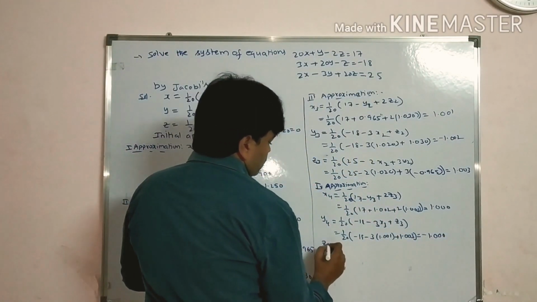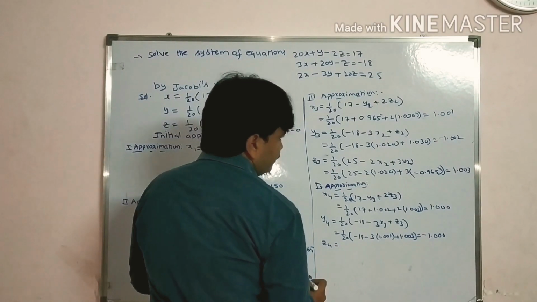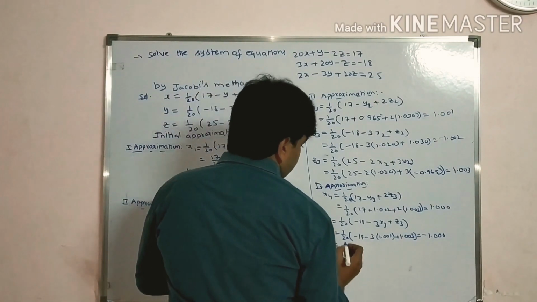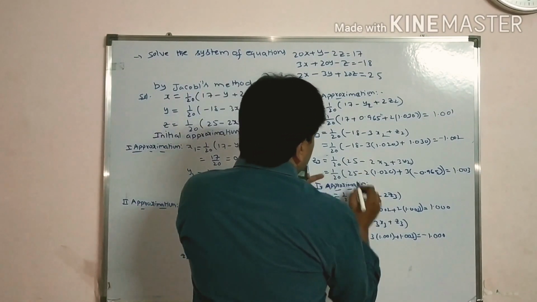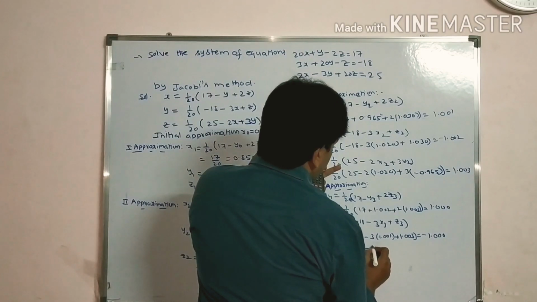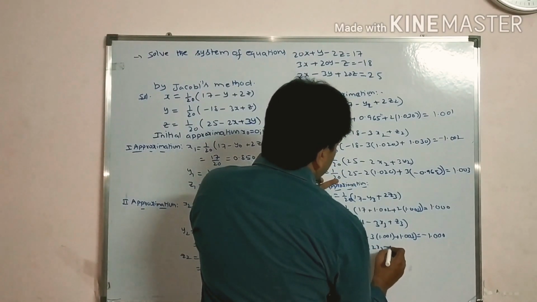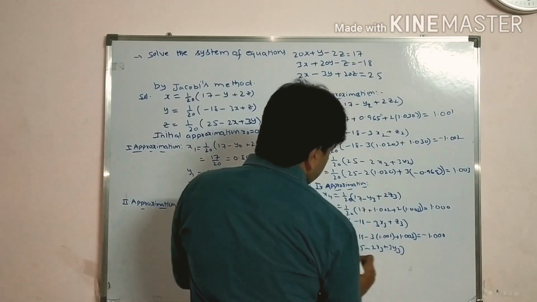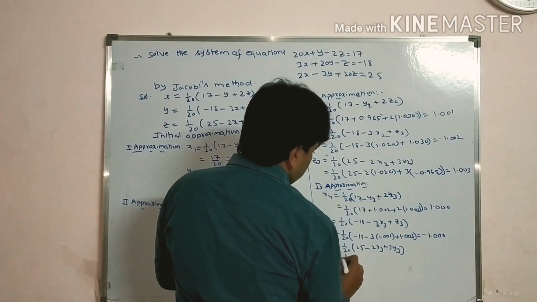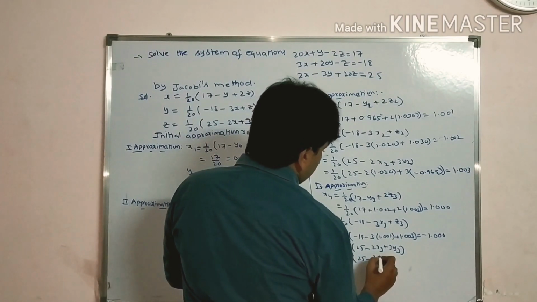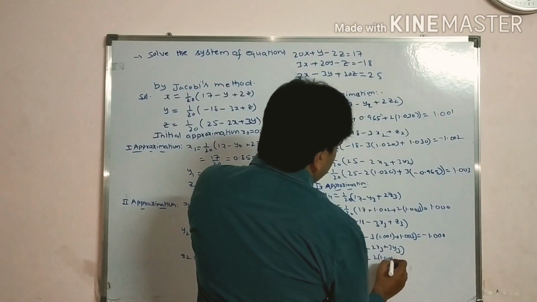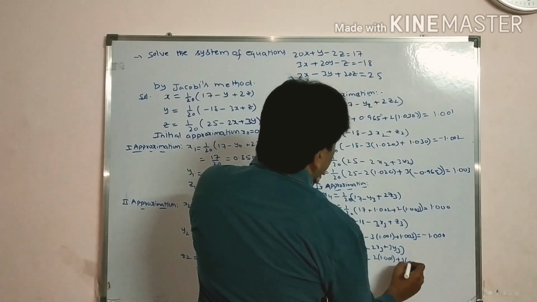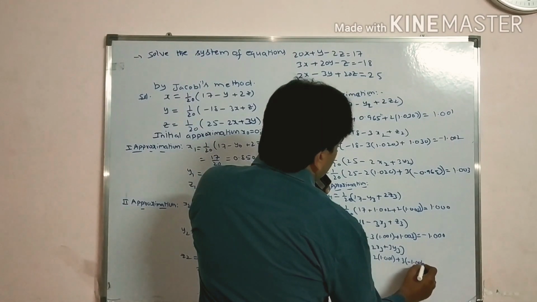z4 is equal to 1 by 20, 25 minus 2x3 plus 3 into y3. So that is equal to 1 by 20, 25 minus 2 into the x3 value, 1.001, plus 3 into y3, minus 1.002, bracket close.